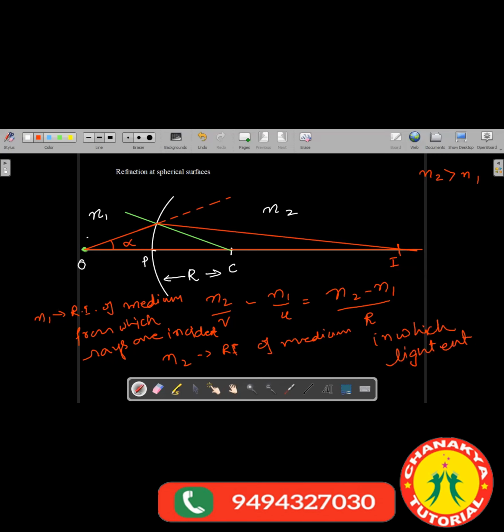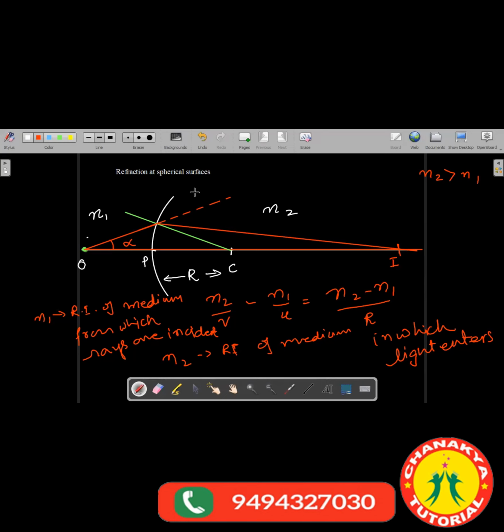N2 is not the medium where the image is formed. N2 is the medium where light enters. So it may happen that the image is also formed in N1. It can happen sometimes if there is no sufficient refraction taking place.